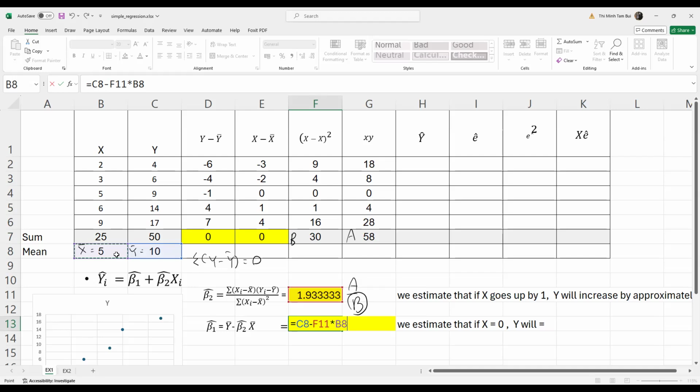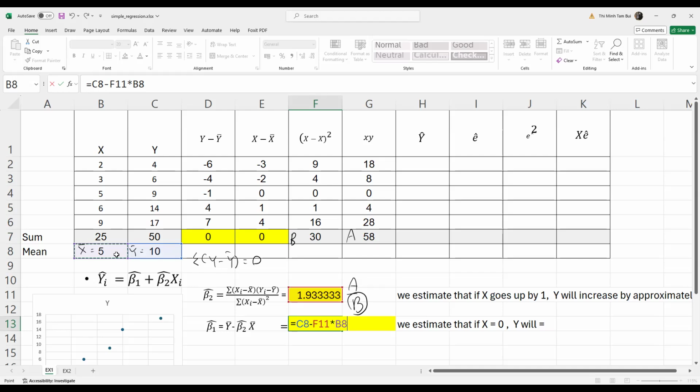And then to find the intercept, equal y bar minus beta 2 hat multiply x bar. x is here, so x bar is here.